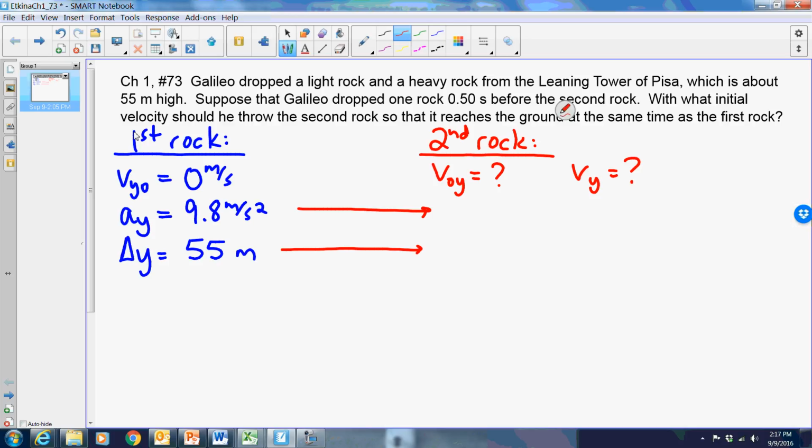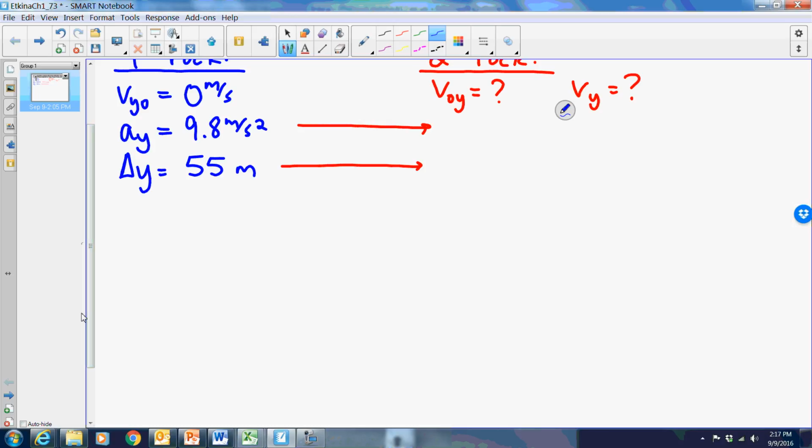Well, we don't know that, but we could solve for the time that it takes the first rock to fall and then subtract the 0.5 seconds, that head start that the first rock gets. So let's do that first. Solve for the time that gravity would take to pull that first rock down.